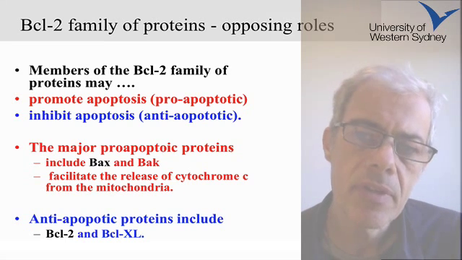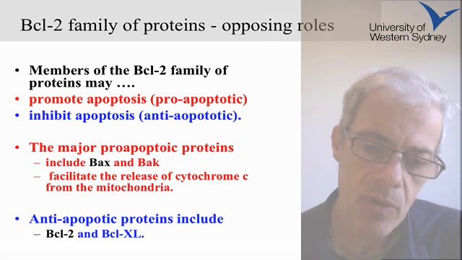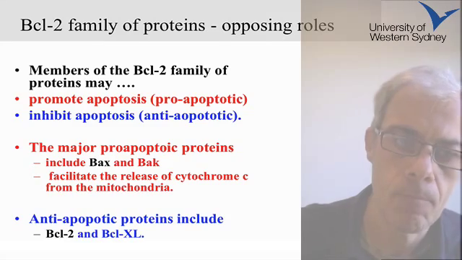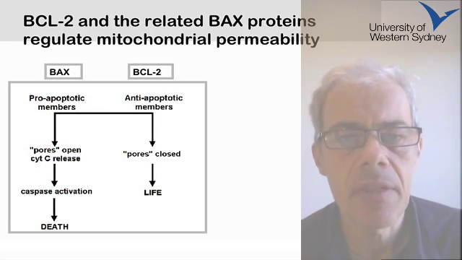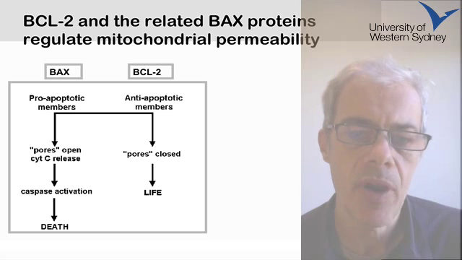And one of the main members of this family that is anti-apoptotic is the BCL2 protein. So it's the balance between the BCL2 protein and the Bax protein that govern the permeability of the membrane.